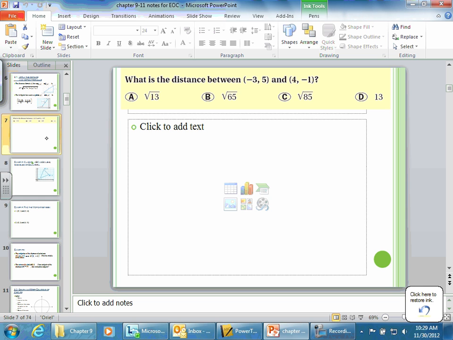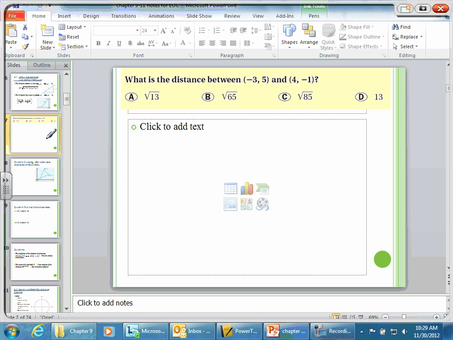So what's the distance between these 2 points? So I'm going to first label x1, y1, x2, y2, and set up my formula. And now I can simplify this.